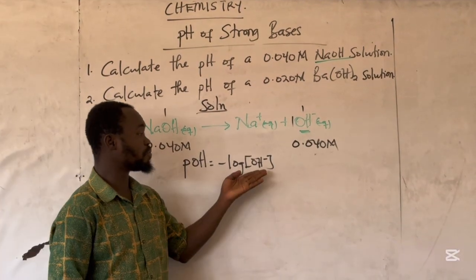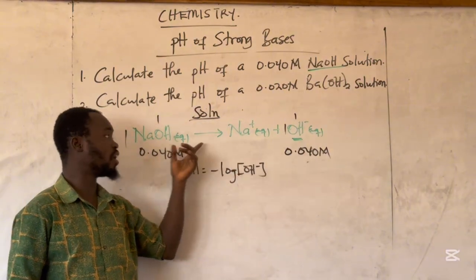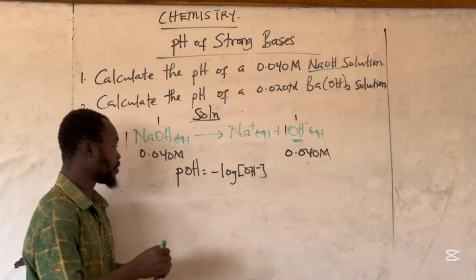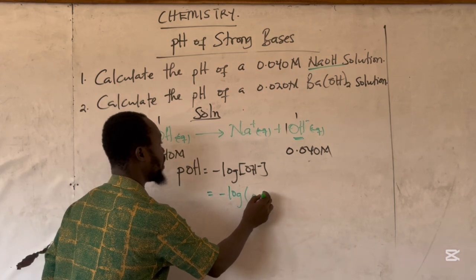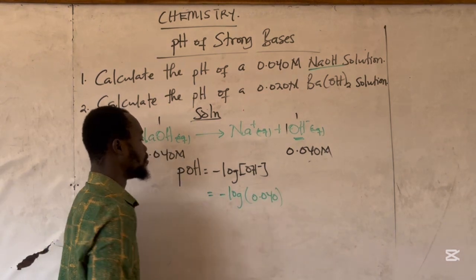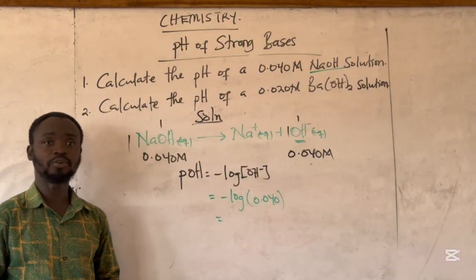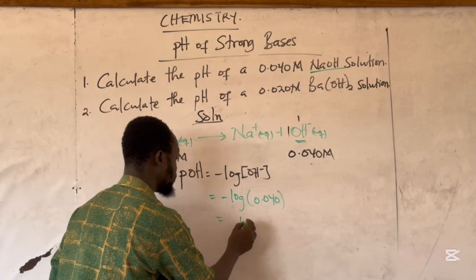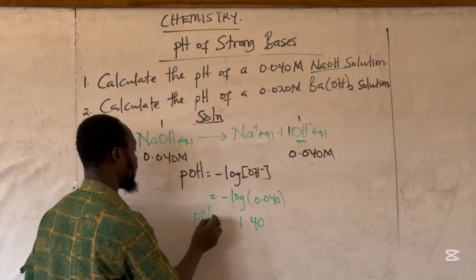So we know the OH minus ion concentration from the complete dissociation we have here. So we just do substitution. So our pOH is equal to the negative log of 0.040 molar. And what is the answer for negative log of 0.040? 1.40. So this is the pOH.